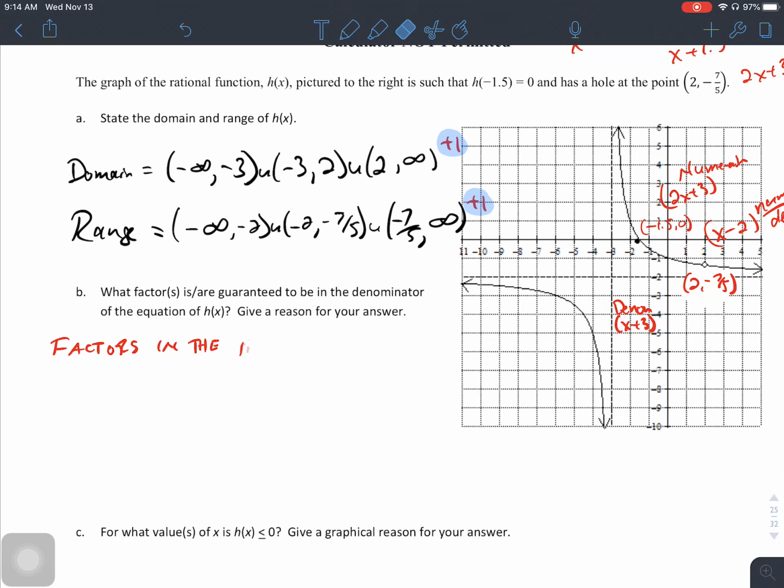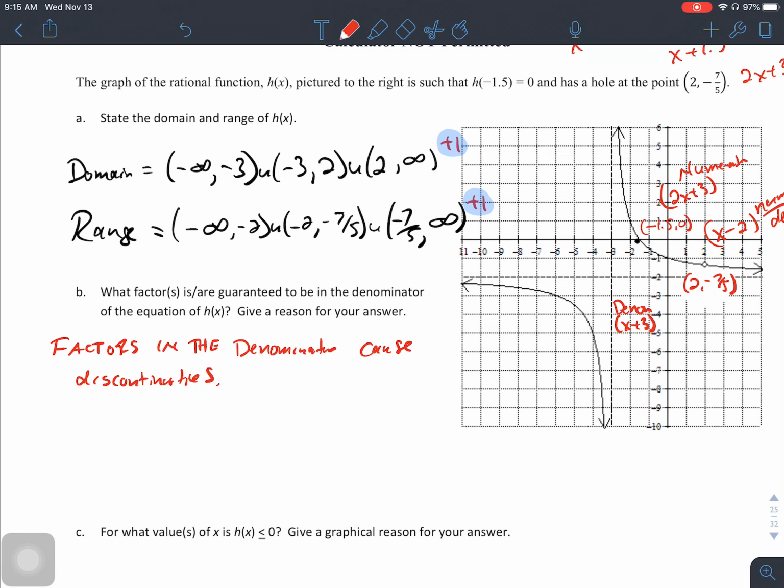Factors in the denominator cause discontinuities. Therefore, I guess maybe we're not to a therefore yet.